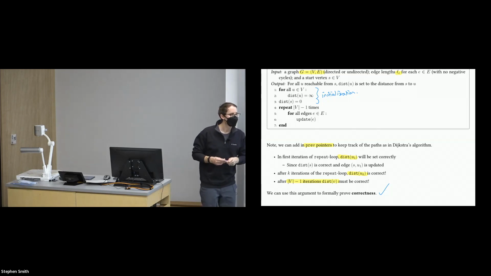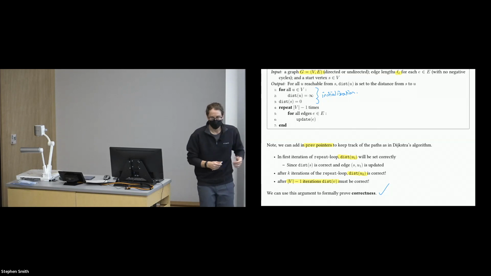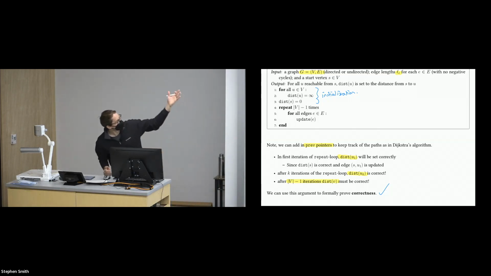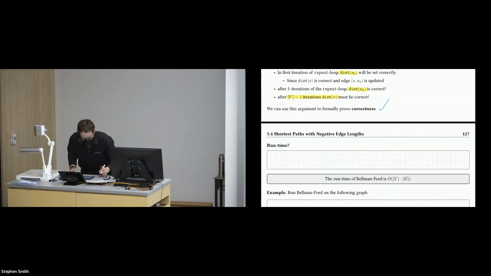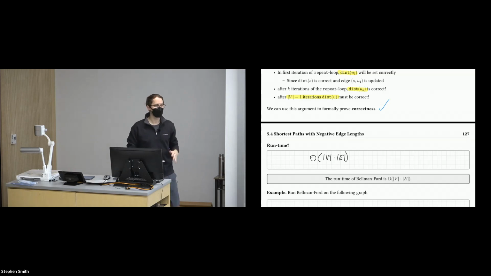Yeah, V times E. I mean, V minus 1 times E, which is big O V times E. That's exactly right. This algorithm runs in V times E time. There's the initialization, which was big O V, but this is obviously bigger.